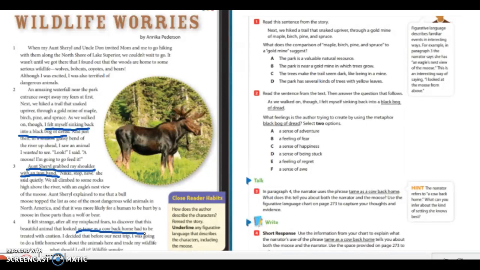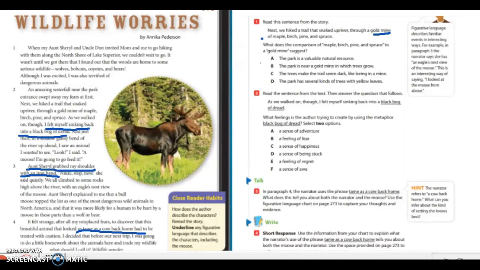Next, we hiked the trail and snaked upriver through a gold mine of maple, birch, pine, and spruce. So this phrase is saying that a gold mine is the maple, birch, pine, and spruce. Using my schema and my prior knowledge, I know that gold mines are pretty cool, and people often like gold mines, and gold mines are rich with material and even make people rich in the old days and now.